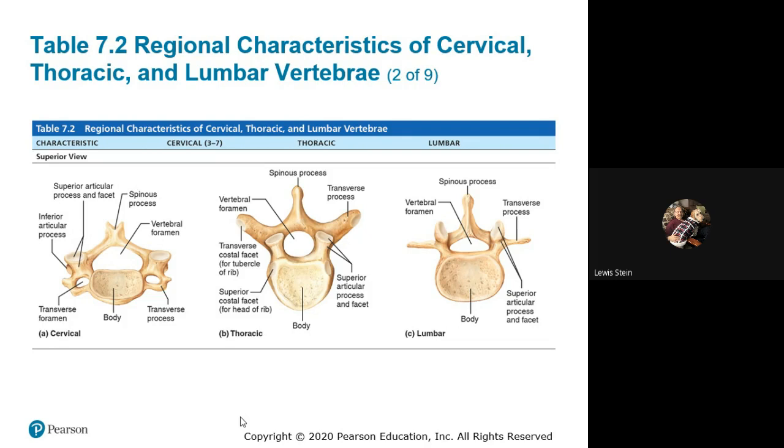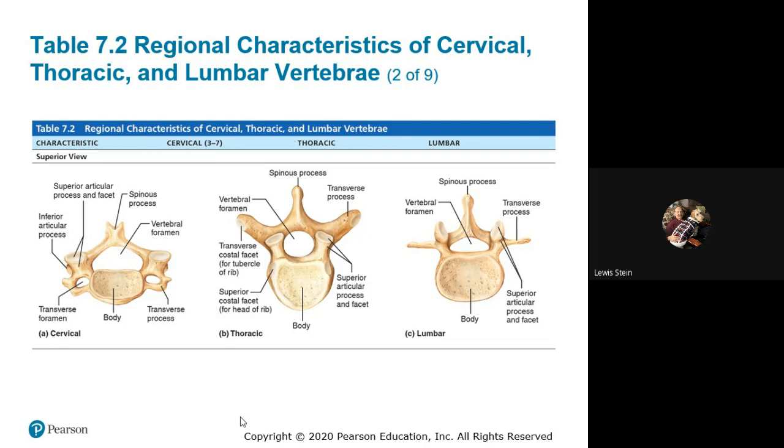This is probably C7, the largest of them. It has transverse foramina, very distinct spinous process, large opening, so it kind of looks like that. The big giveaway is here. When you look at any of the ones in the thoracic region, you always see the spinous process going down.